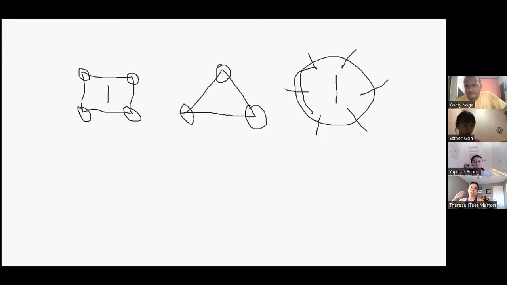For the triangle, where is the teacher? Teacher can see, this is the triangle formation. Teacher is in the front of the class. This is the mirror. Teacher is here and student is here. The triangle formation is like a zigzag formation.